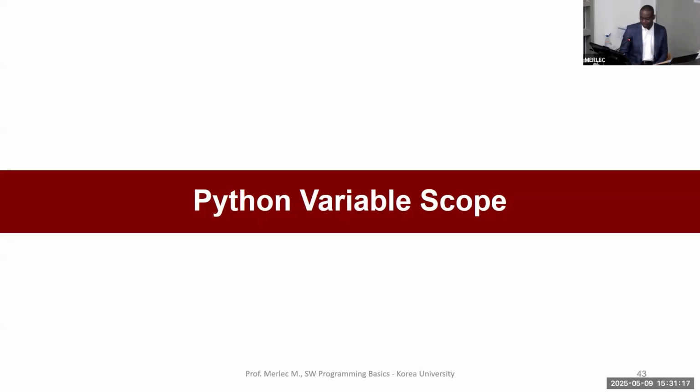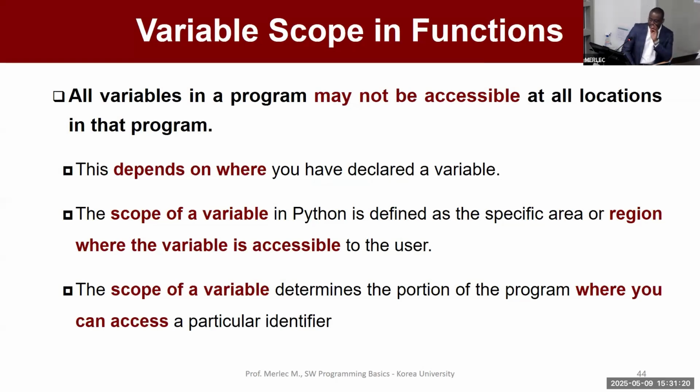So now let's see the scope. Mostly when we deal with functions, all variables in a program may not be accessible at all locations in the program. When we are in a function, some variables cannot be accessed from the function. This depends on where you have declared and initialized the variables.